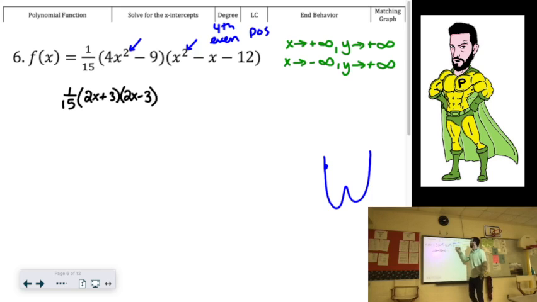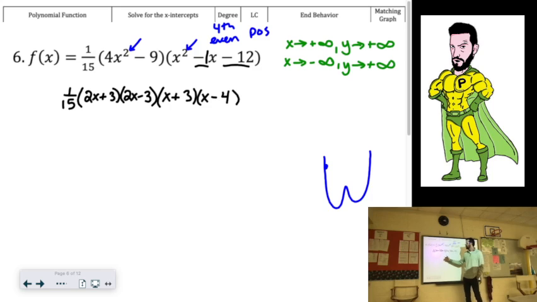Over here, we need numbers that multiply to negative 12 and add up to negative 1. If they multiply to negative 12, you know it's got to be a positive times a negative. Factors of 12 that are 1 apart would be 4 and 3. So to make them add up to negative 1, it'd have to be negative 4 and positive 3. There it is. Everything is factored.